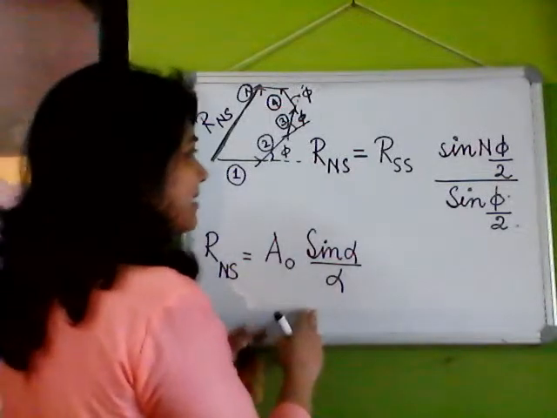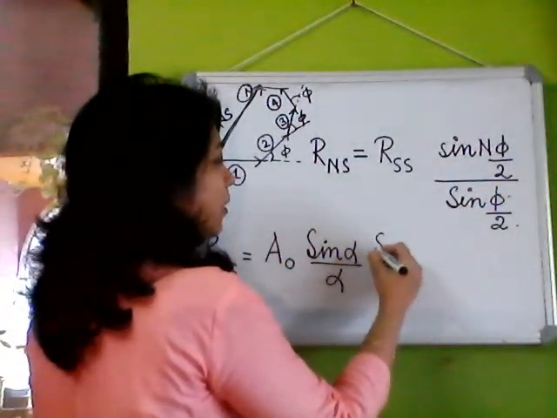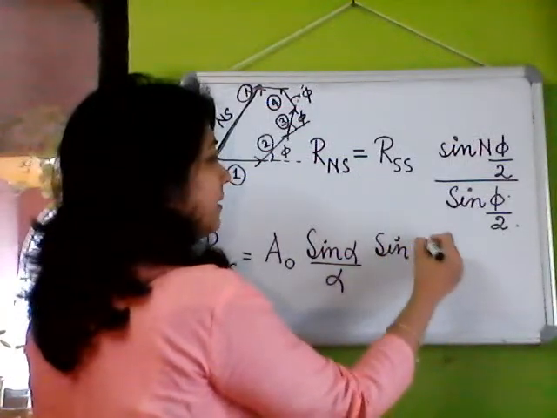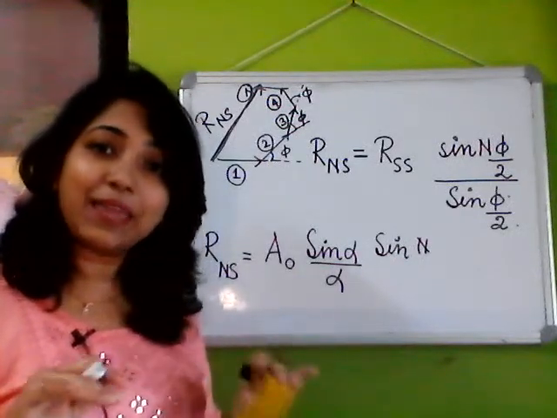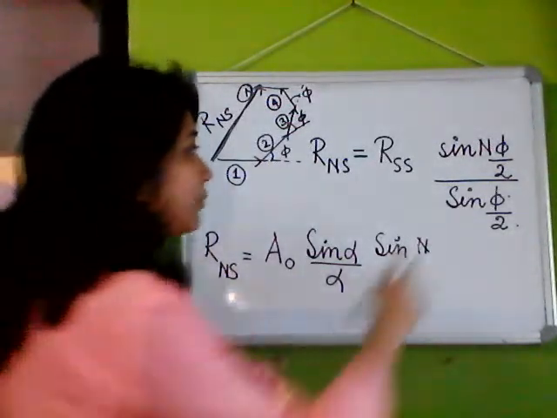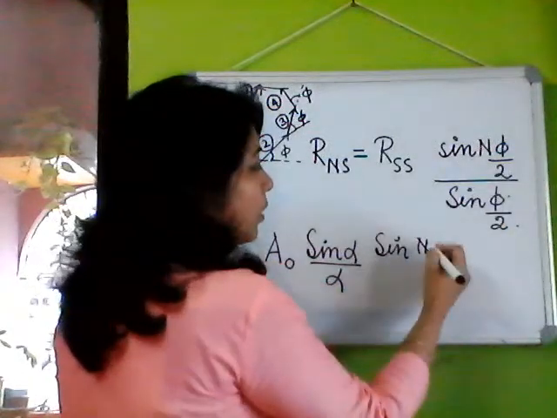Okay. So with this in mind, now I am going to put in the value of sine n phi by 2. What is phi? Phi is 2 pi by lambda (a plus b) sin theta. So when I divide it by 2, what am I left with?